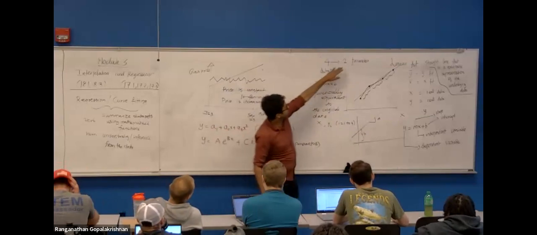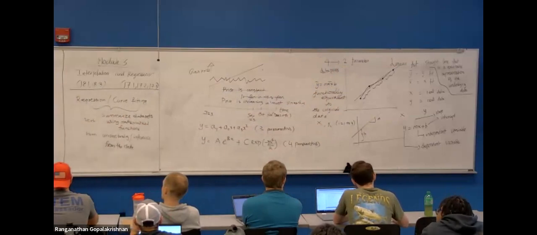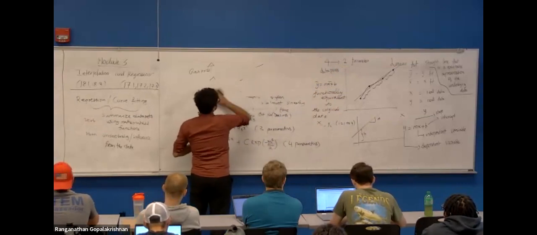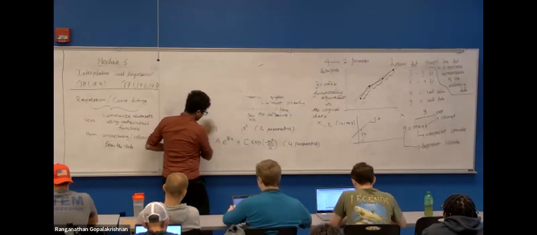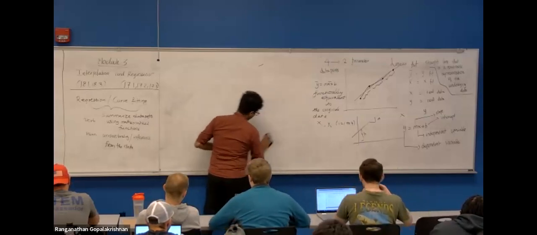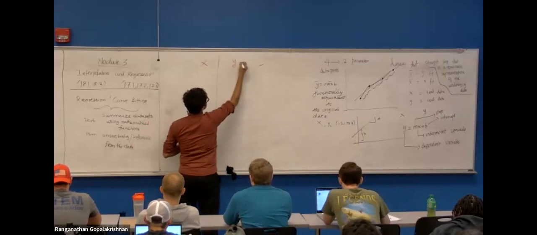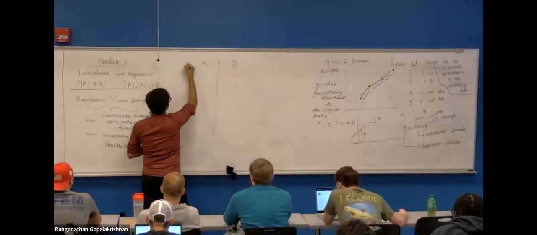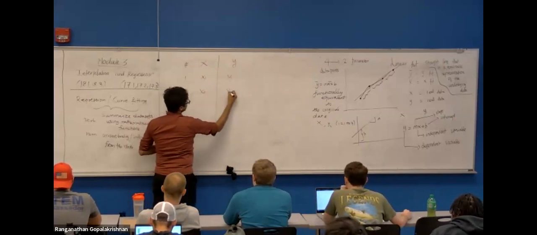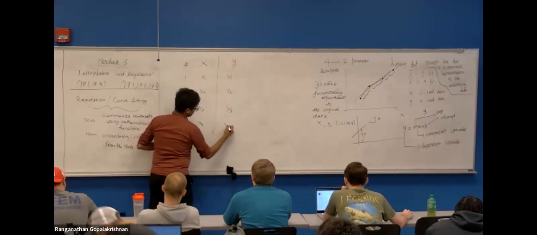Okay. So you have this, for example, that's my eraser. I'm going to give you an example with real numbers, but before that, I want to illustrate the concept first before we have numbers, okay? So suppose you have x and then y. Say you have x1, y1, x2, y2, x3, y3, x4, y4.